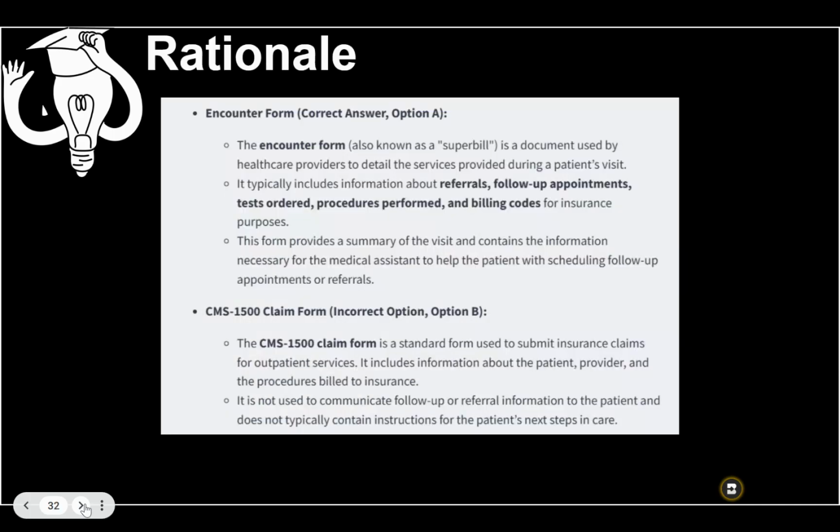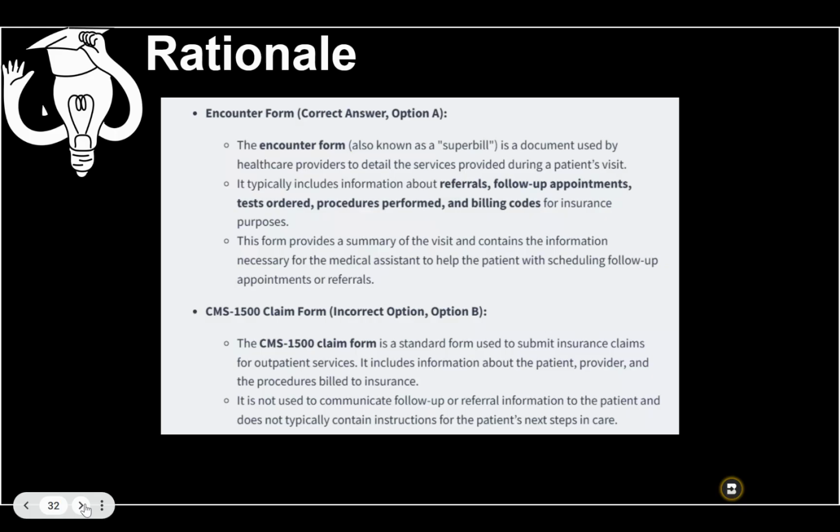Now, the encounter form, this is also what we call the superbill. This is a document that's used by healthcare providers to detail the services that are provided during the patient's visit. It typically includes information about referrals, follow-up appointments, tests that have been ordered, procedures that were performed, and also billing codes for insurance purposes.